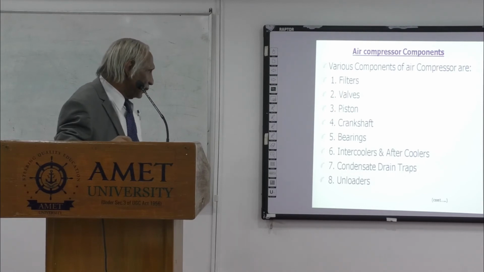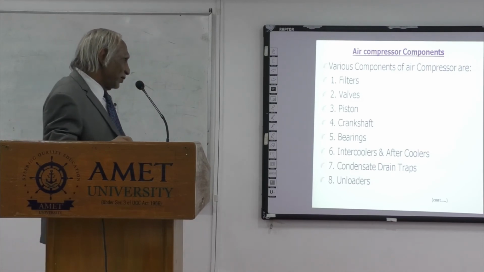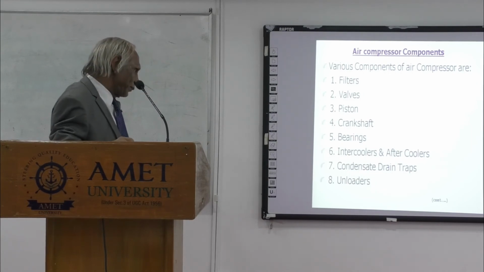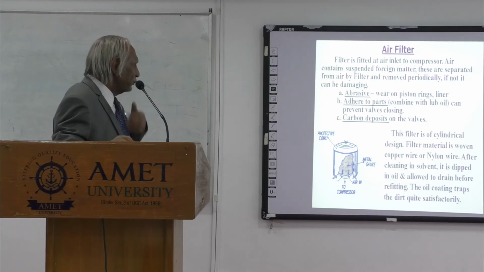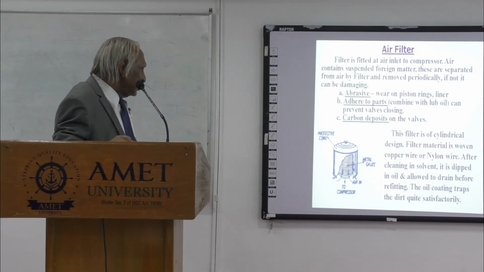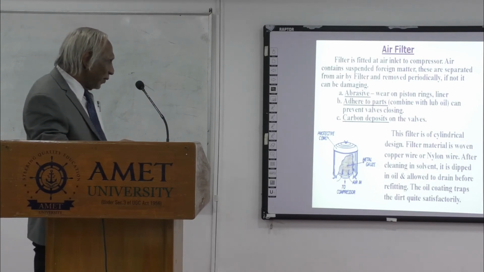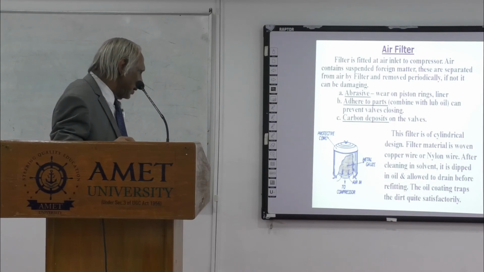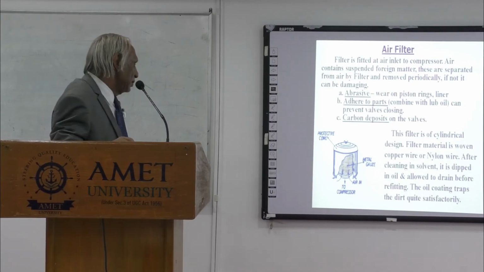Intercoolers and aftercoolers are for cooling purposes and making the compression cycle as close as possible to the isothermal curve. The air filter is usually a mesh filter soaked in oil, and this oil-trapped mesh will filter out the dust particles from the air.